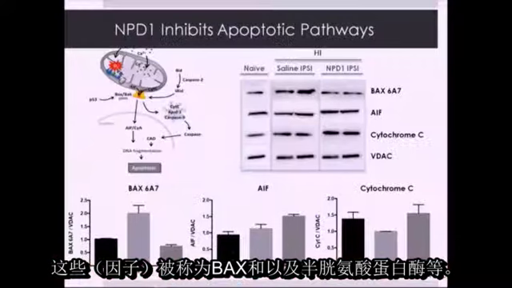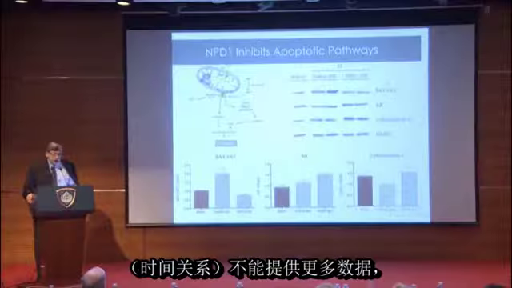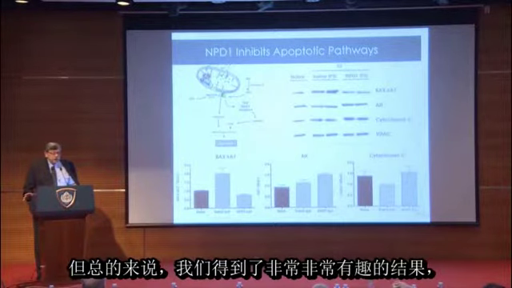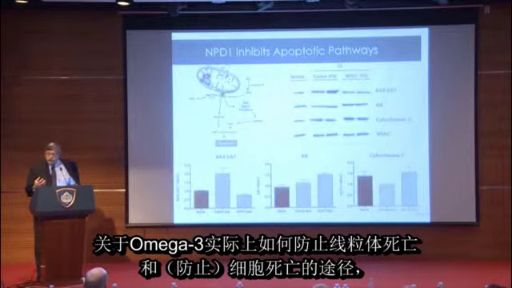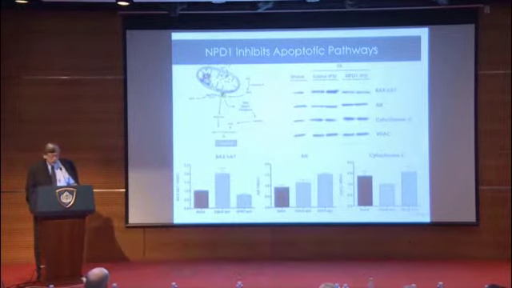These are called BACs and caspases, etc. I'm not going to show you any of the data, but in general, we're getting very interesting results on how the omega-3 actually protect against pathways that kill mitochondria and kill cells.